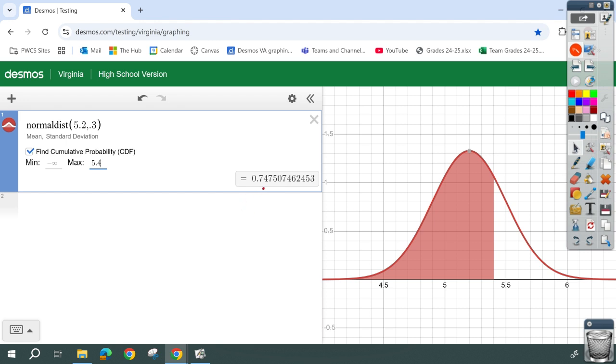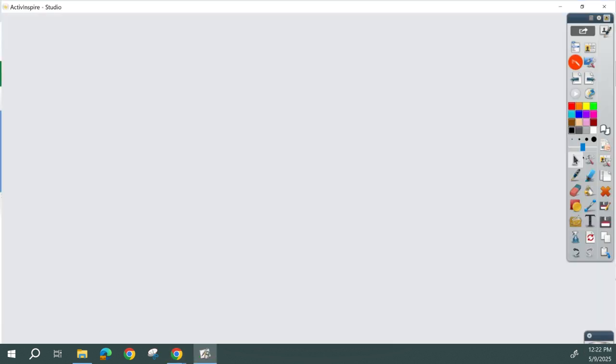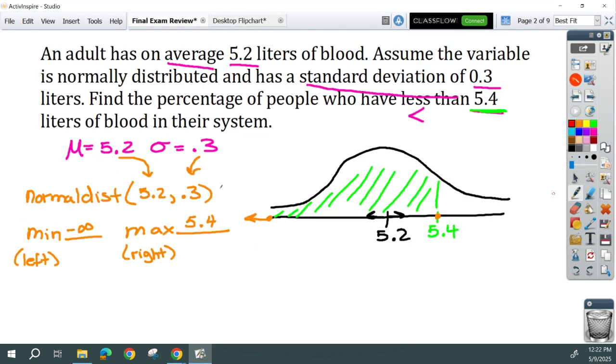And this will give us the percent area or the probability that a person would have a volume of blood in that shaded region. So we'll say 0.7475. And we could just say equals 0.7475.